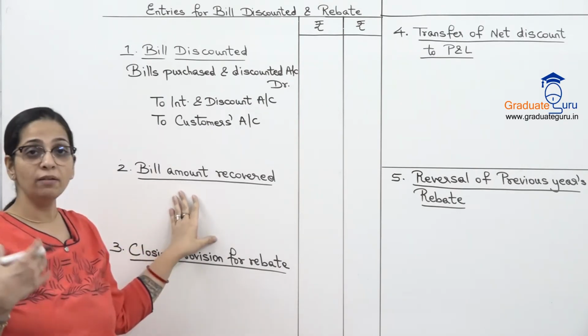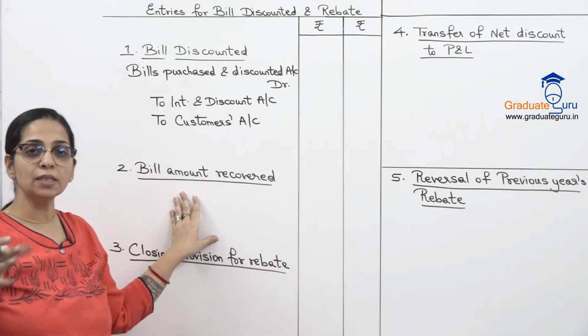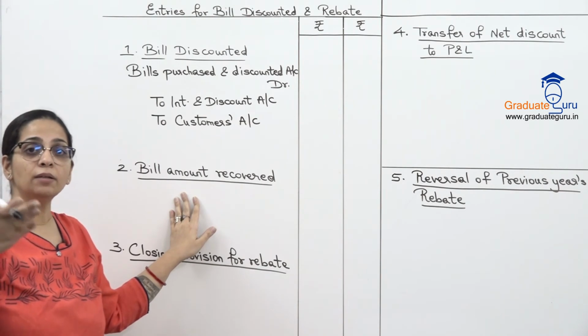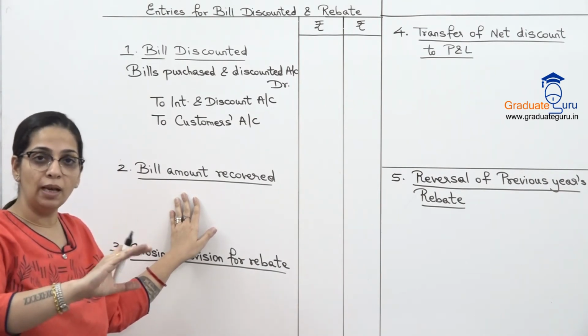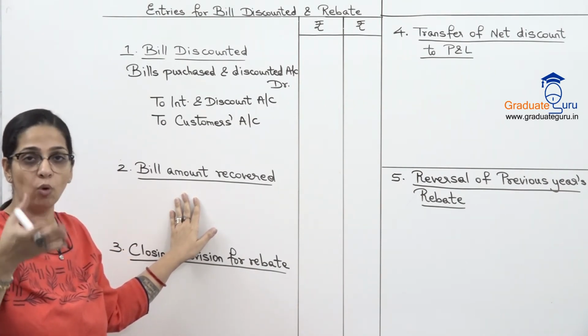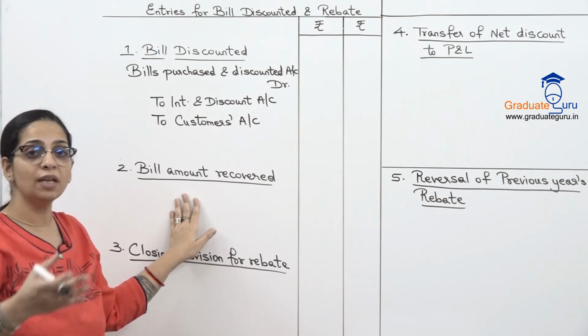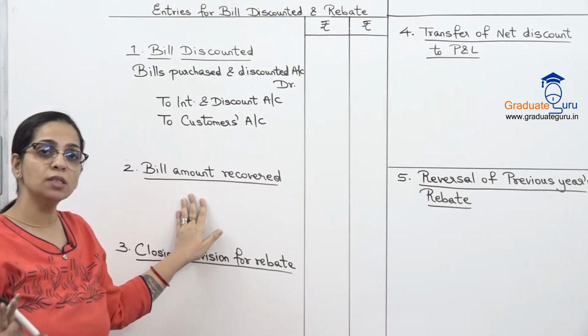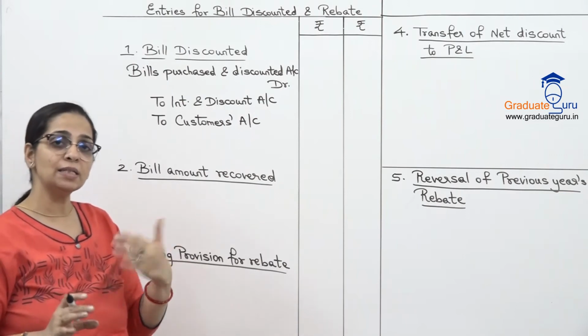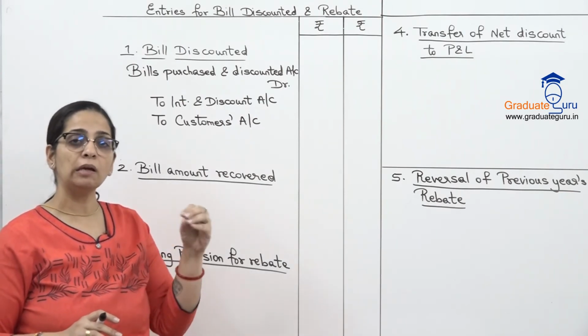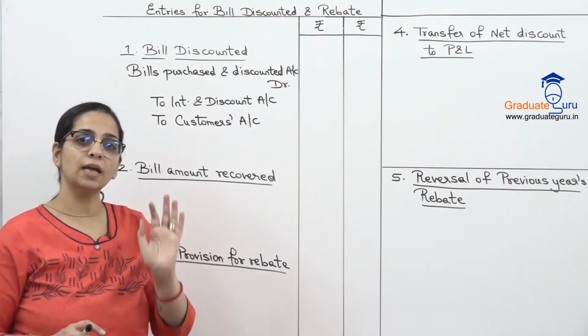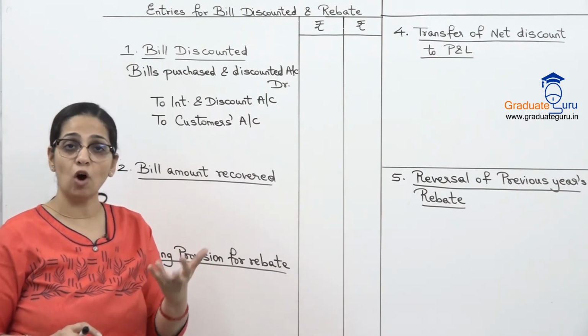Now, when I recover the bill amount, that is, हमने क्या बात की that suppose 1st Feb का bill है, it is due on say May, 4th May, then it goes in the next year. But suppose that is not the situation, ये bill इसी साल में due हो रहा है, that is say 1st June का bill है and it is getting due on say 4th of August.